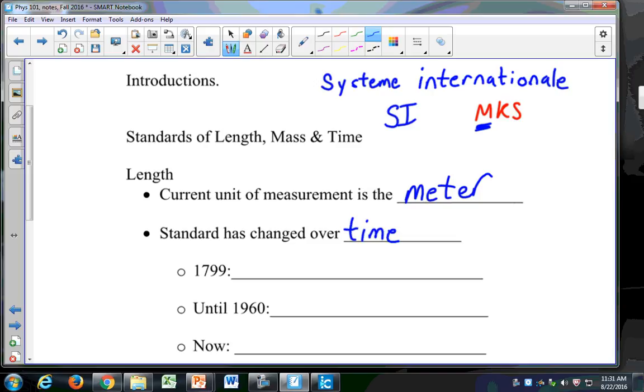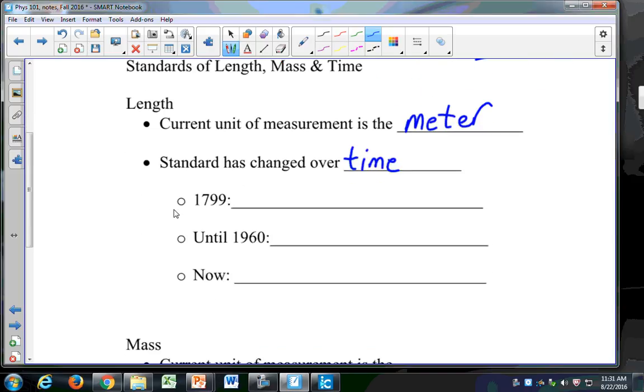In 1799, the standard was 1/10,000,000th the distance from the equator to the North Pole.